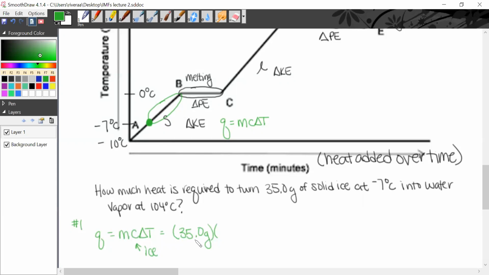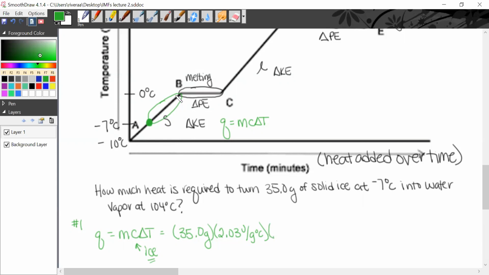It's 2.03 joules per gram degrees Celsius. Specific heats have to do with the structural alignment of that substance. So like ice, when it's frozen versus water in the liquid phase, requires different amounts of heat in order to change the relative temperatures. So this is not 4.18, it's 2.03 because we're talking about ice.